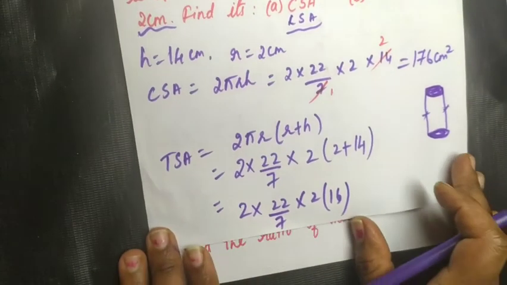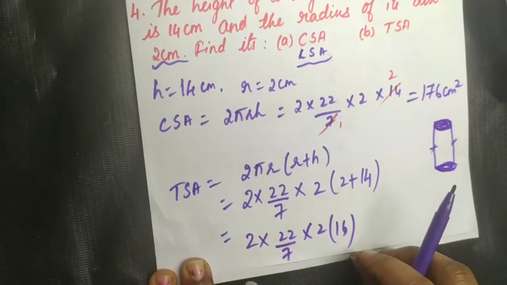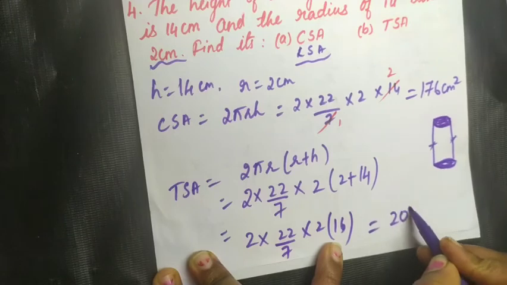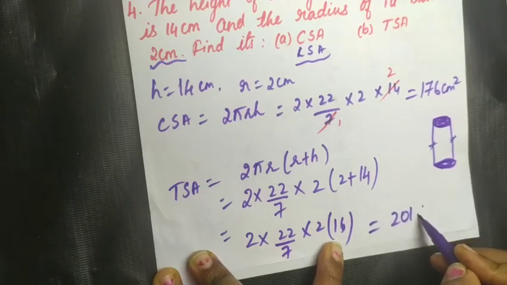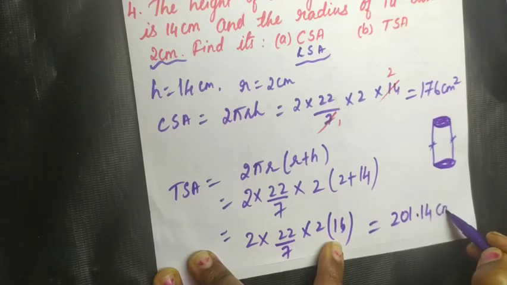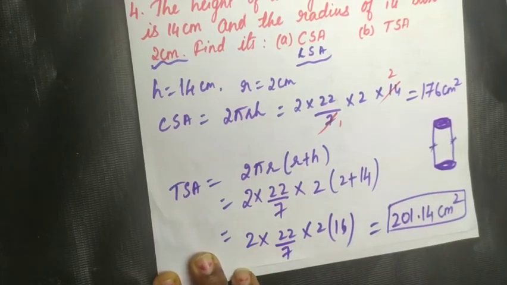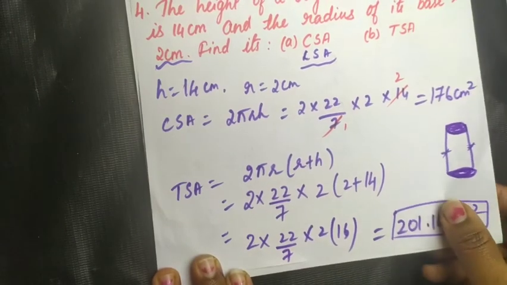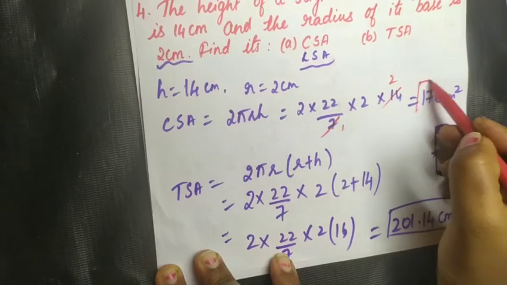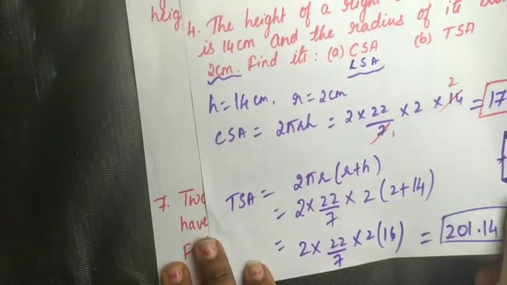Now after simplification, that is 2 into 22 into 2 into 16, if you multiply and then divide by 7, we get the answer as 201.14 centimeters square. You can multiply and divide it and put it in the comment box. So this is the answer for the total surface area, and this 176 is nothing but the lateral surface area, or the curved surface area.